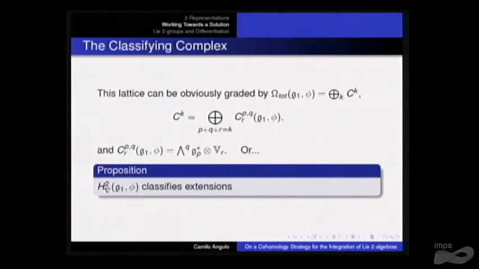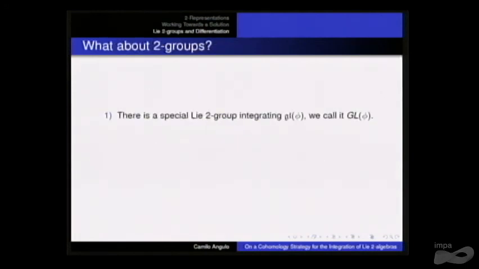And of course, if I want to use this to integrate Lie two algebras, I need to tell you what happens in the case of Lie two groups. And the thing is, well, there is a way of integrating this. That's an object that I call GL phi.